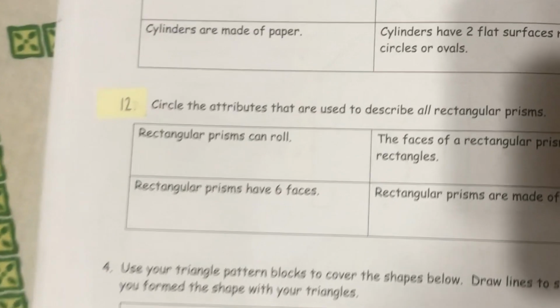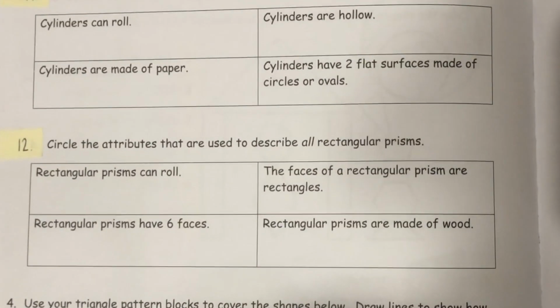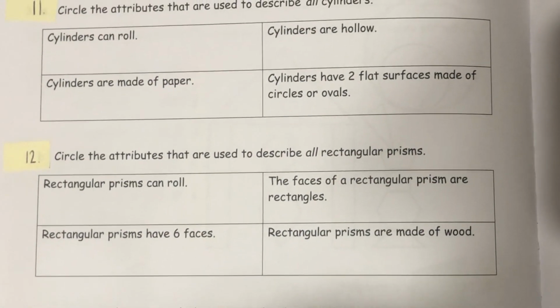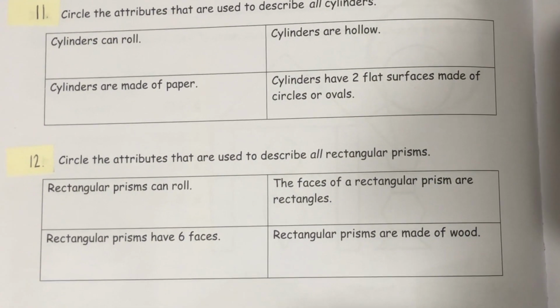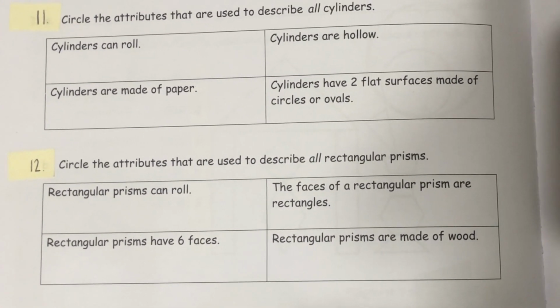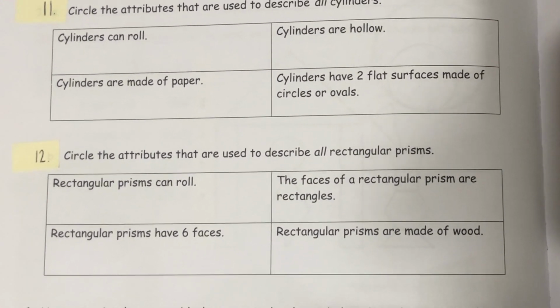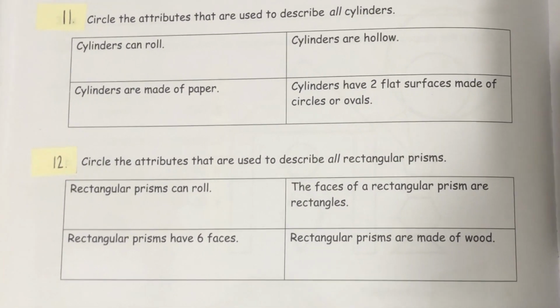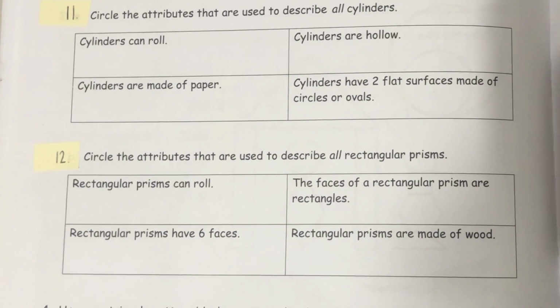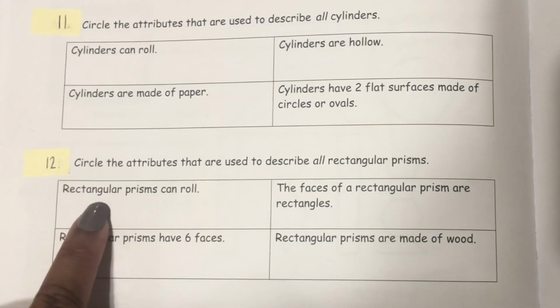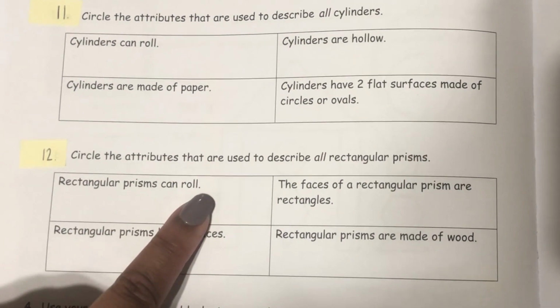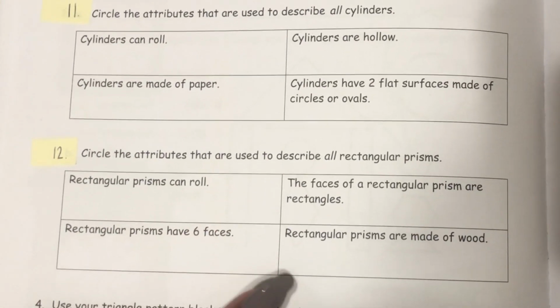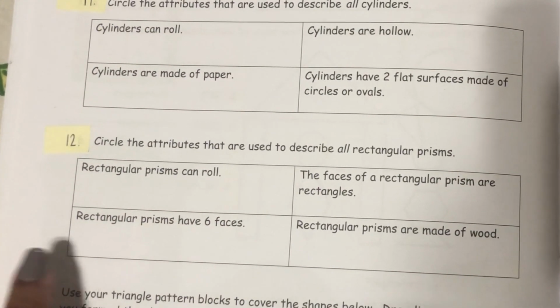All right, scholars, welcome back. Let's do number 12. Number 12, you're going to look at attributes for rectangular prisms. And you're going to write the attributes that are true in your composition book. Rectangular prisms can roll. If that's true, you'll write it in your composition book.